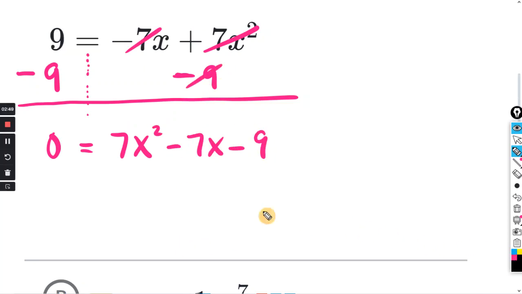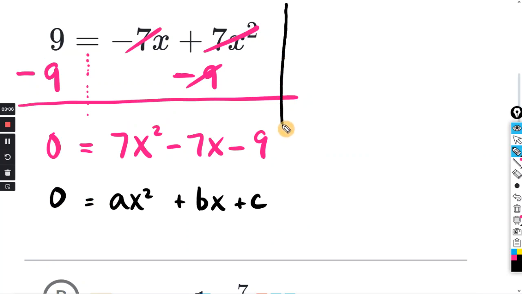As you can see, this equation is in the form of ax squared plus bx plus c equals 0. And now we can apply the formula.